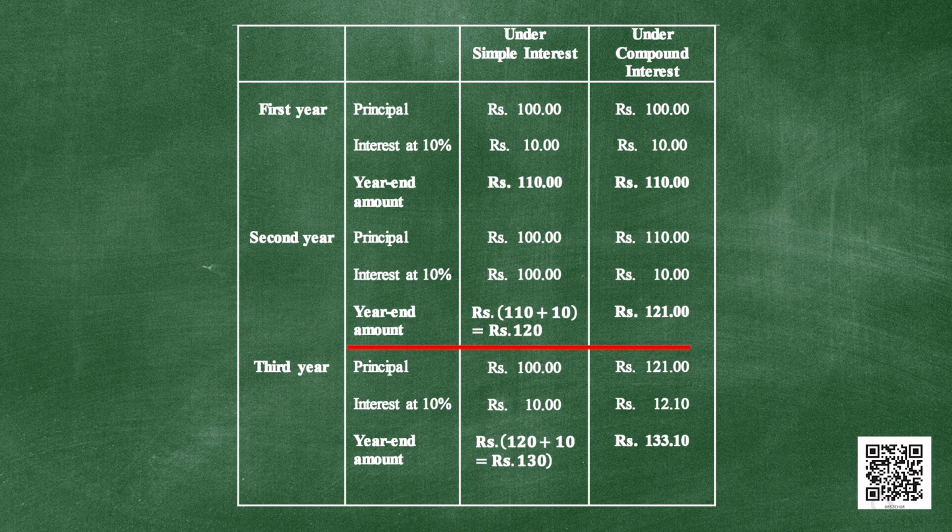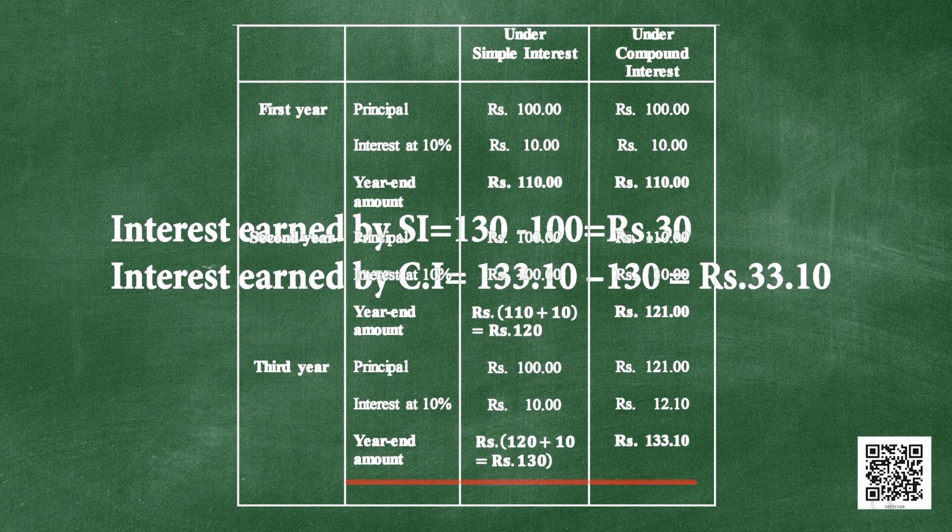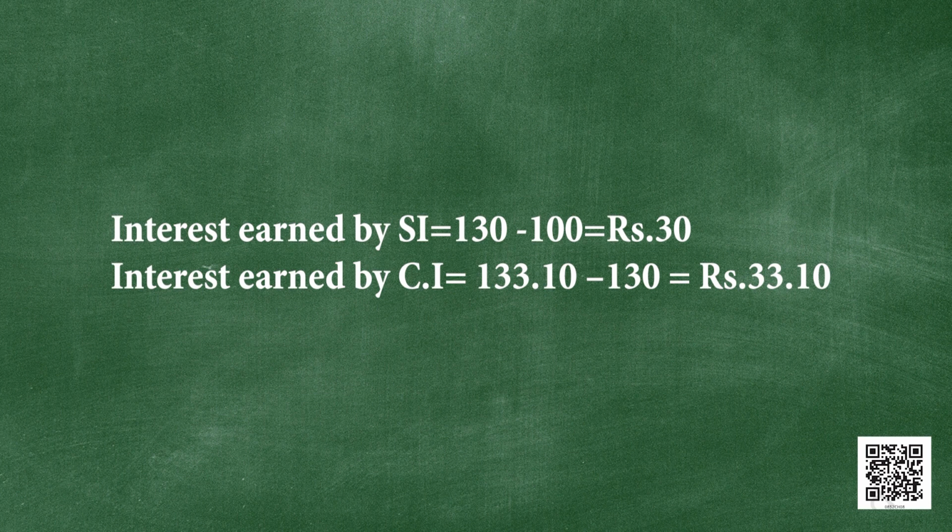And in a similar way, at the end of the third year the amount under simple interest will be rupees 130 and under compound interest it will be rupees 133.10. Note that in 3 years, rupees 130 minus rupees 100, that is rupees 30 interest, is earned by simple interest, and rupees 133.10 minus rupees 100, that is rupees 33.10 interest, is earned by compound interest.